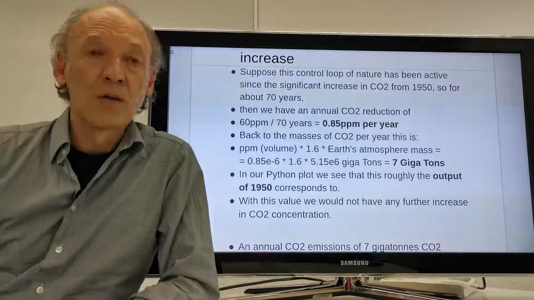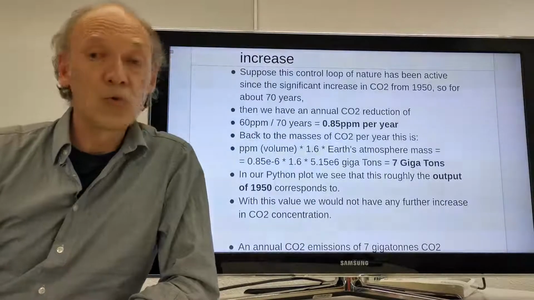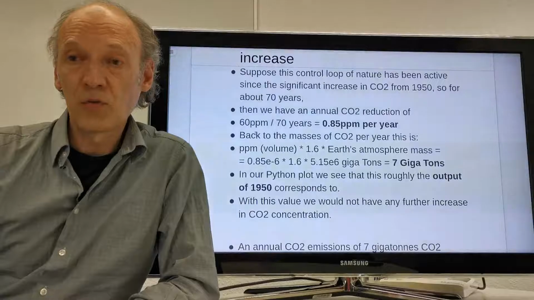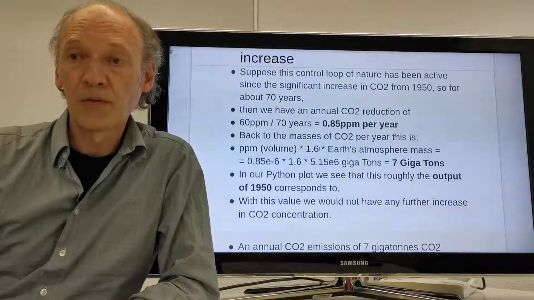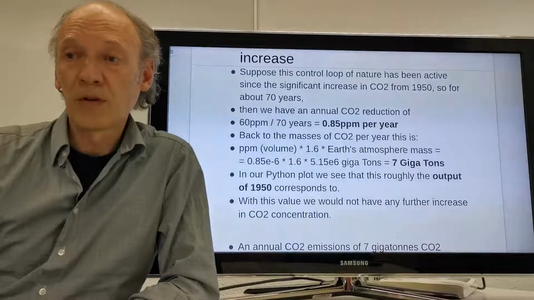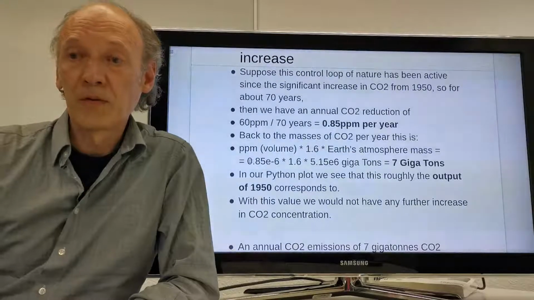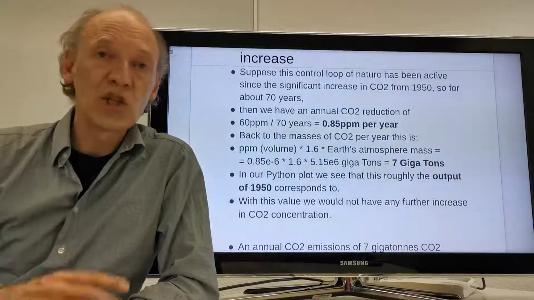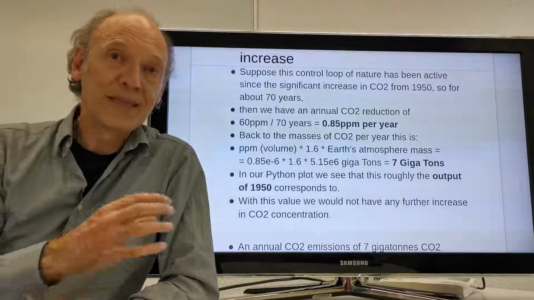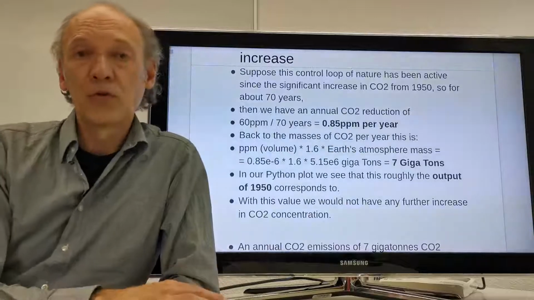So we can convert this back to mass of CO2. We take ppm in volume times 1.6 times Earth's atmosphere mass, and then we get 7 gigatons. So basically nature is able to absorb 7 gigatons of CO2.